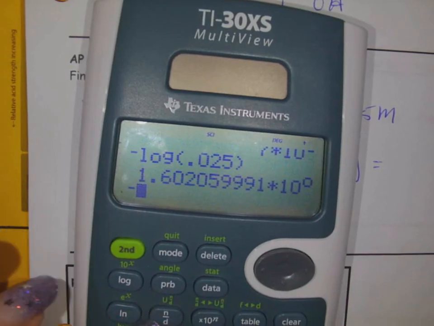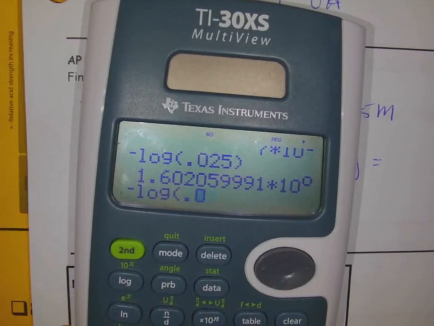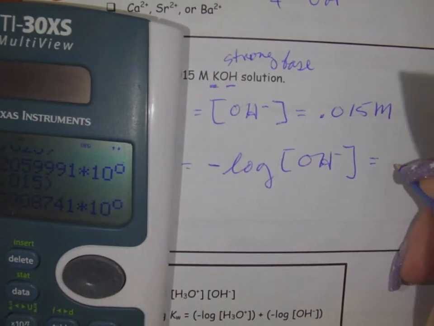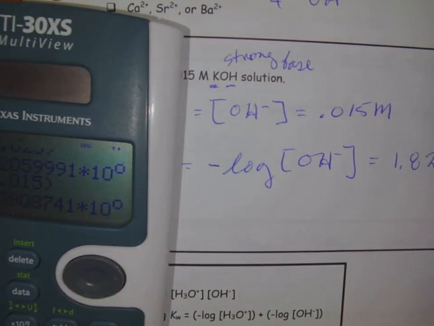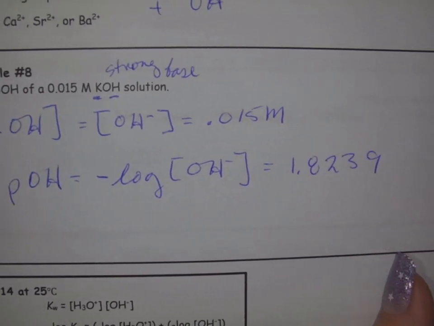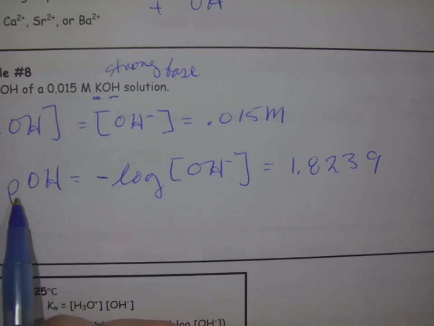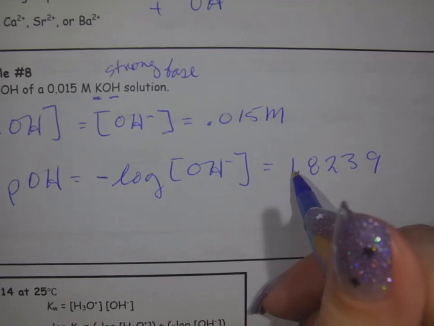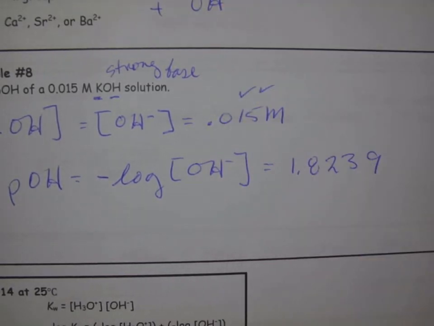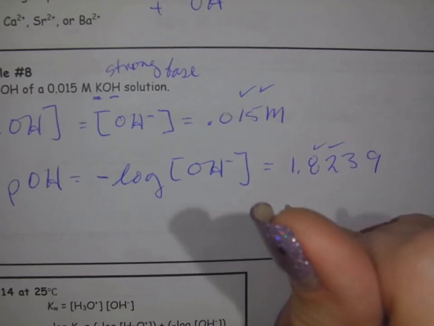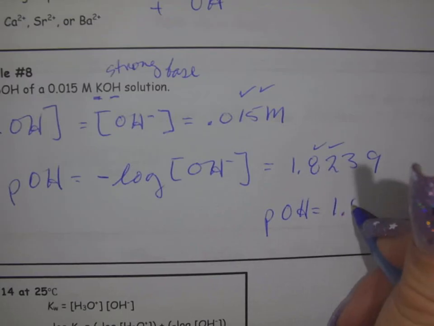If I do the negative log of that 0.015, then that would equal, without sig figs, 1.8239. pHs and pOHs are unitless, but what would the sig figs be? Just a reminder, anytime it's a P value, a pH, a pOH, etc., the leading digit is not significant. So we had 2 sig figs before, and so we need 2 sig figs. So my final answer for pOH is 1.82.